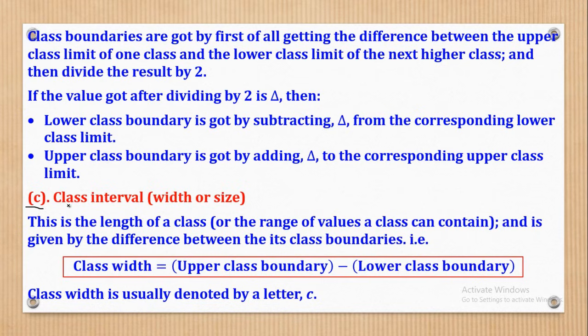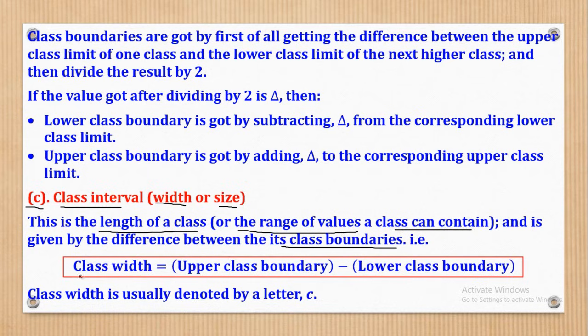The next is class interval. Now class interval has 3 names. You can call it class interval, class width or class size, and this is the length of a class, or the range of values a class can contain, and it is given by the difference between its class boundaries.